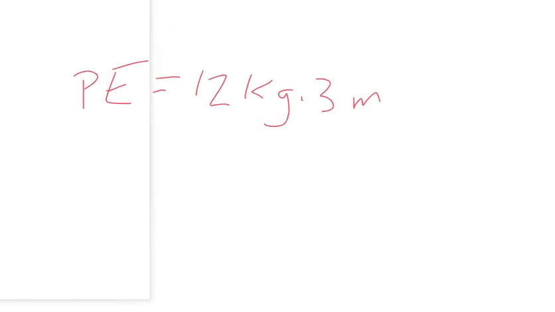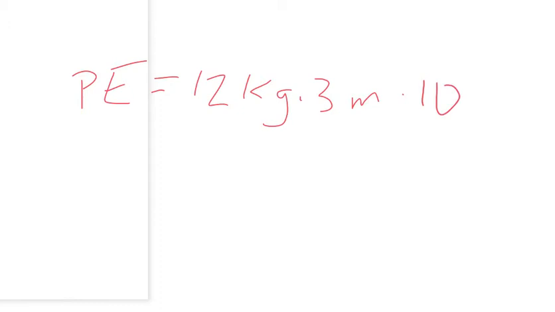So mass 12 kilograms times the height 3 meters. Then we multiply that by g, the acceleration due to gravity, which is just 10 meters per second squared. We round it off to 10. The more precise number is 9.8, but for the purposes of IGCSE, we can round it off to 10 because 10 is way, way easier to work with, so that's what we do.